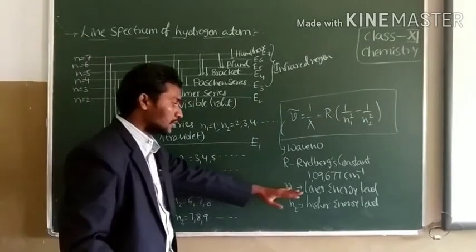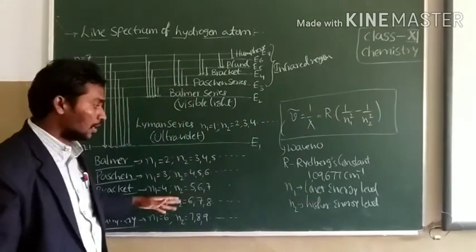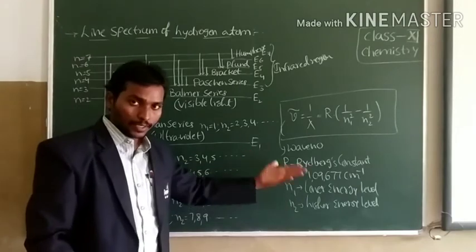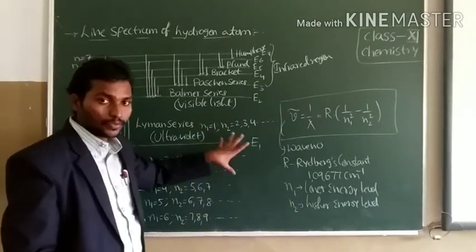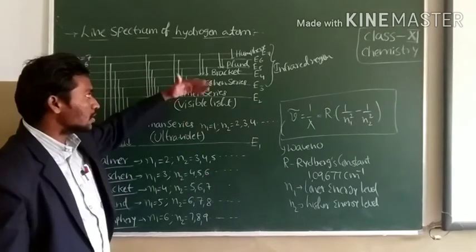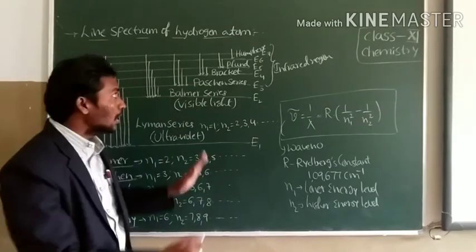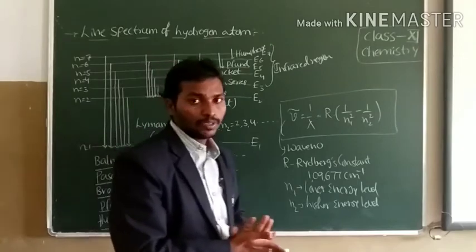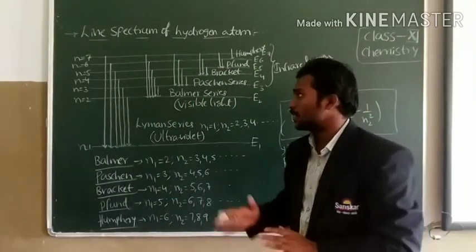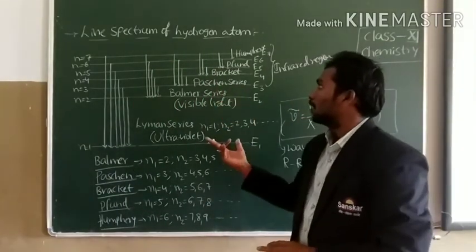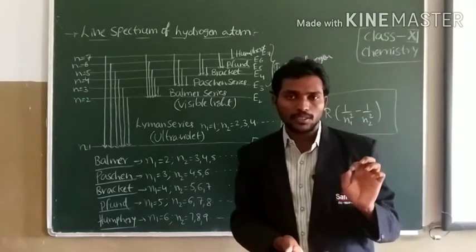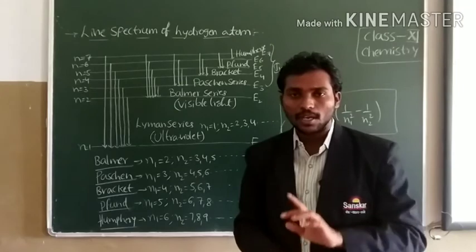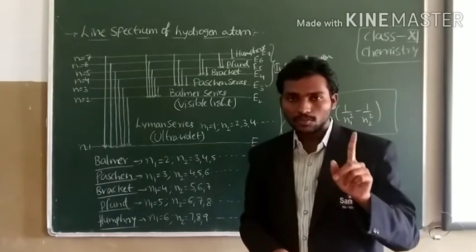So the n1 value tells about the lower energy level, and the n2 value gives the higher energy levels. That's why the n1 and n2 values are different for different series of spectral lines. So this is the line spectrum of the hydrogen atom. Scientists observed the line spectrum of the hydrogen atom because they chose a simple element, hydrogen, whose atom contains only one electron.